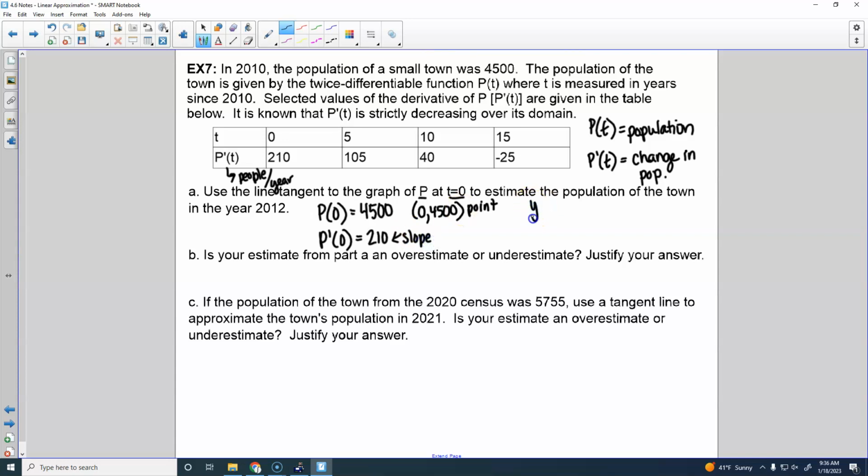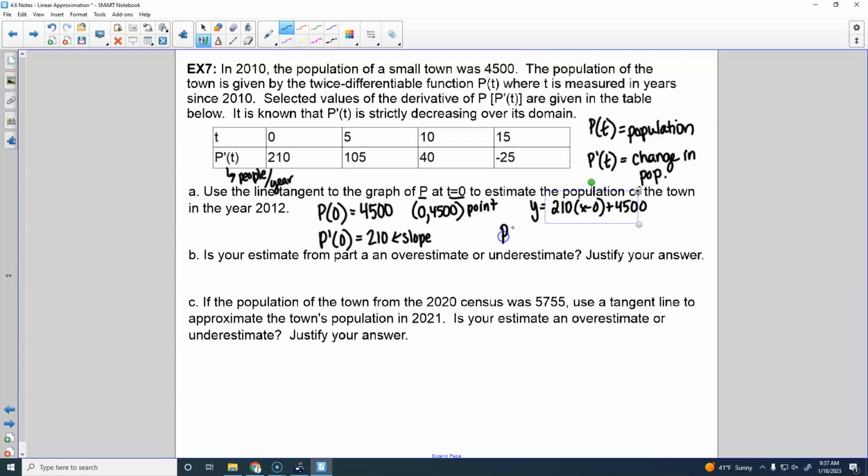So we've got y equals 210 times x minus 0 plus 4,500. All right, so we want to know year 2012. What number do I plug in? 2, right?